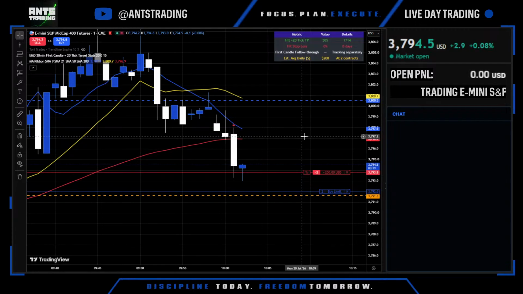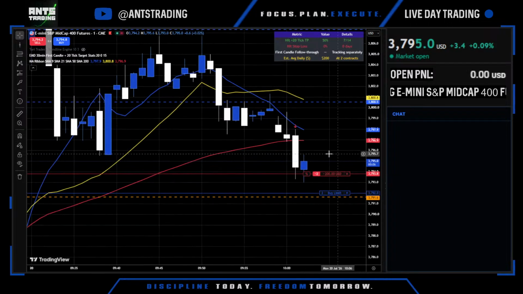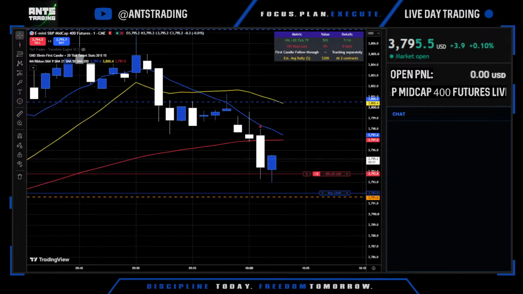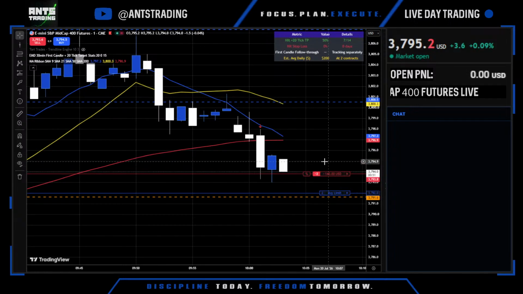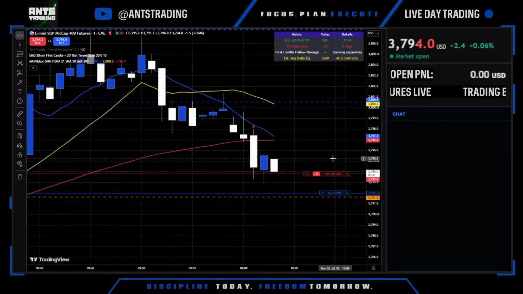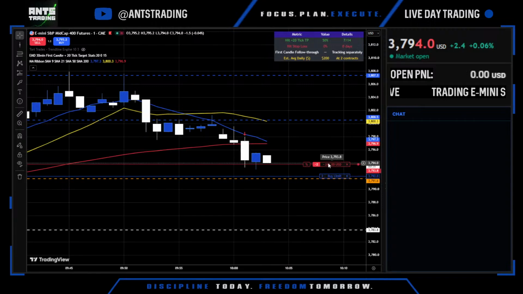So I kind of went against my rules. Now is where I would make my stop loss. But for some reason, it's not letting me add my stop loss.